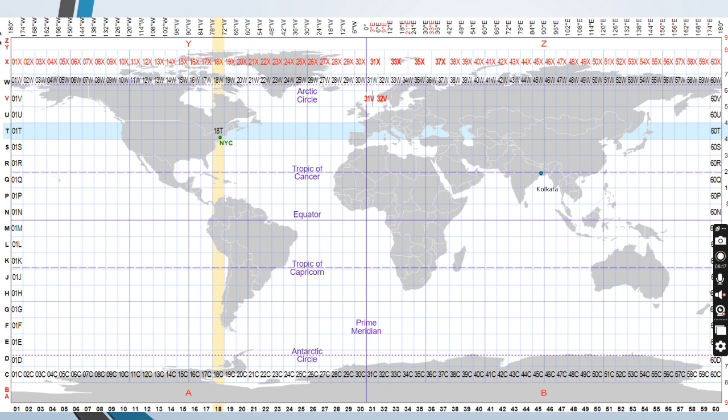There is no band with letter I or O. This is for avoiding confusion, because I often has similarity with the number 1 and O has similarity with 0. So to avoid confusion with 1 and 0 respectively, the I and O alphabets are not utilized in latitude band definition.